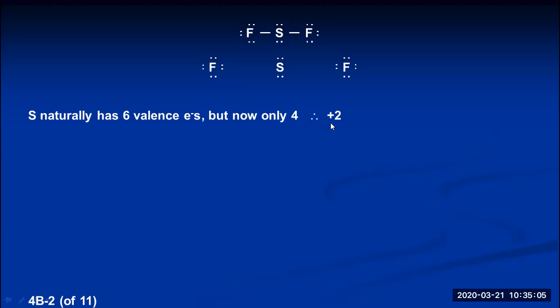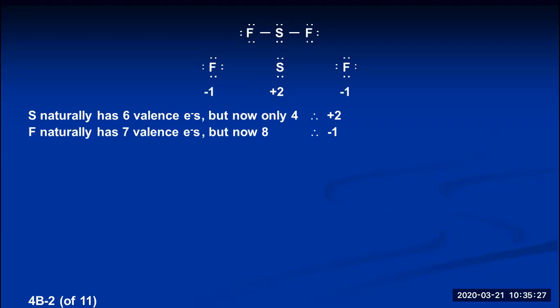It's an assigned charge based upon a little definition, and so we put the algebraic sign first. The fluorines naturally have 7 valence electrons, but they've now gained 1 additional electron to have 8. And so therefore their oxidation numbers are -1.